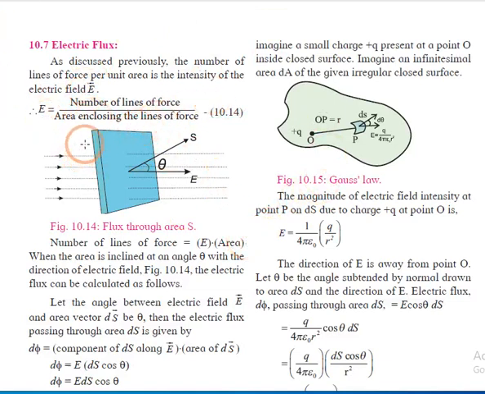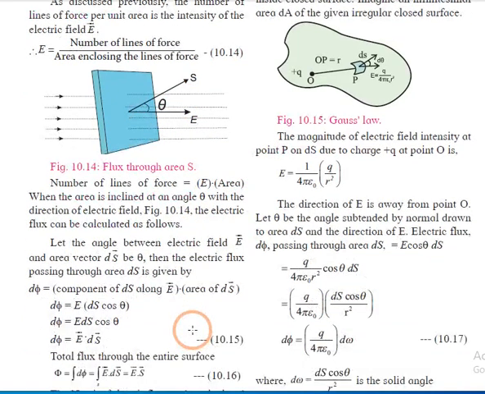It is E into area. Here an electric field is formed. What did we consider? Number of lines of forces, electric field intensity, area and the angle between E and S. So the number of lines of forces is given by E into area.